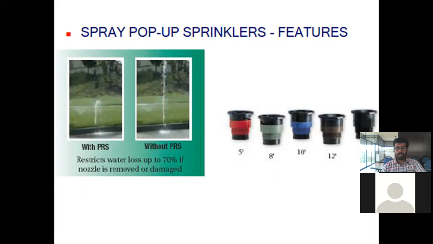Not only that, this PR system, pressure regulating, not reducing, pressure regulating system in the stem, lets you save lots of water, because in some cases the sprinkler will just be emitting water. If the velocity is very high, lots of water will be wasted due to evaporation and all those things.